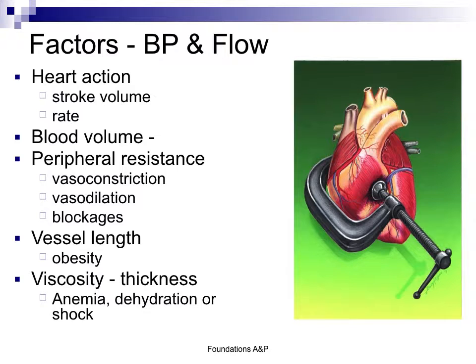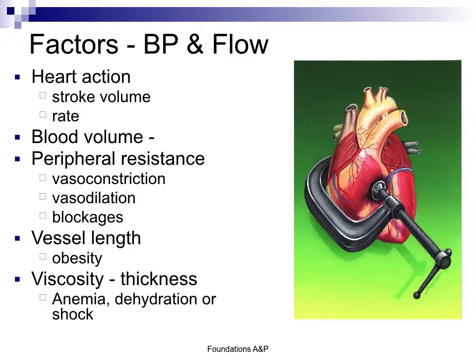There are other factors that affect blood flow, like the volume of blood and what kind of shape the arteries are in. If the arteries are wide open, we call them dilated, and that makes it easier for the blood to flow. That's caused by muscles in the arteries, so vasoconstriction and vasodilation affect the resistance to flow. And then sometimes there can be blockages, which we're going to talk about.